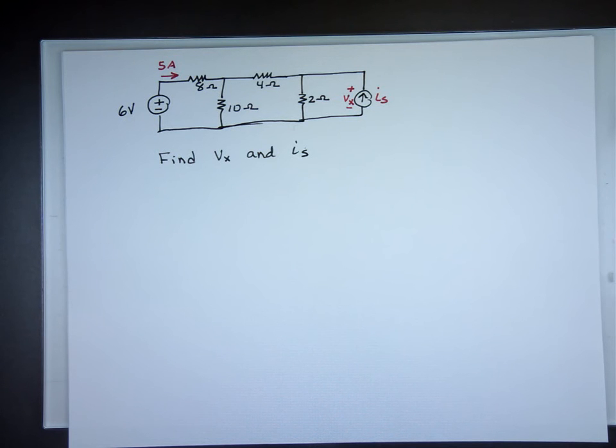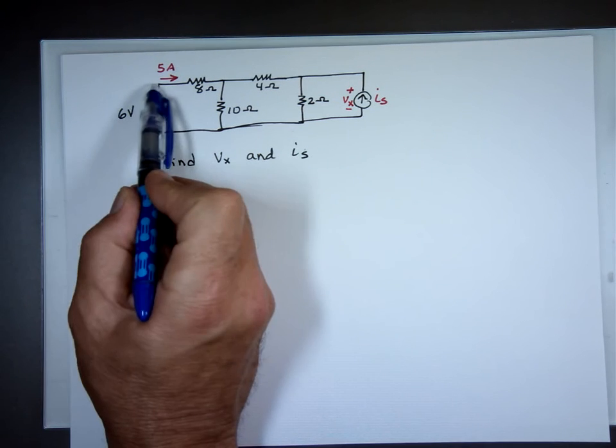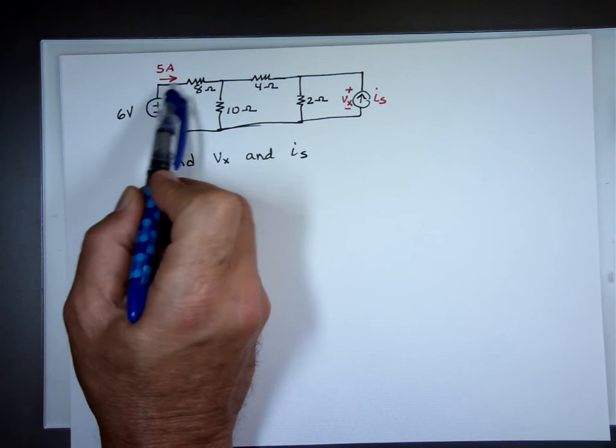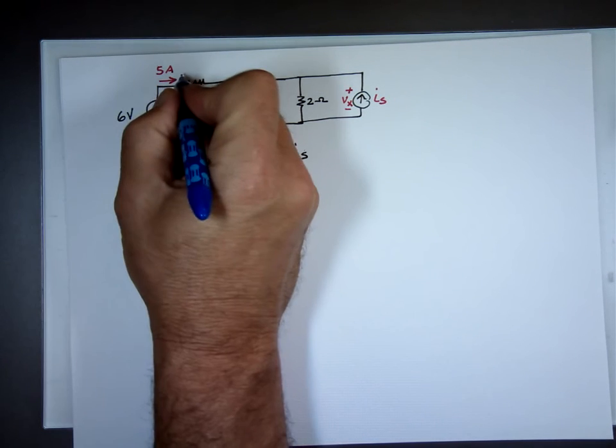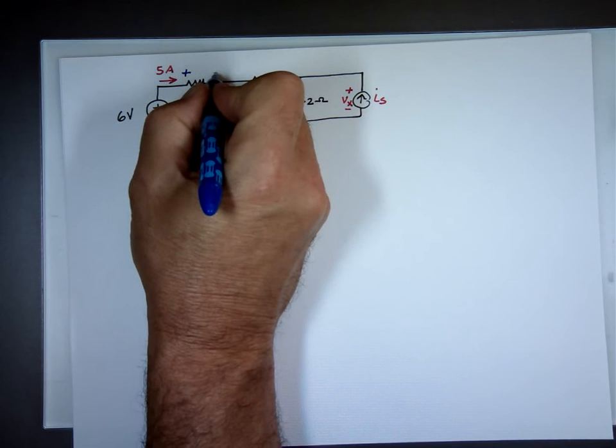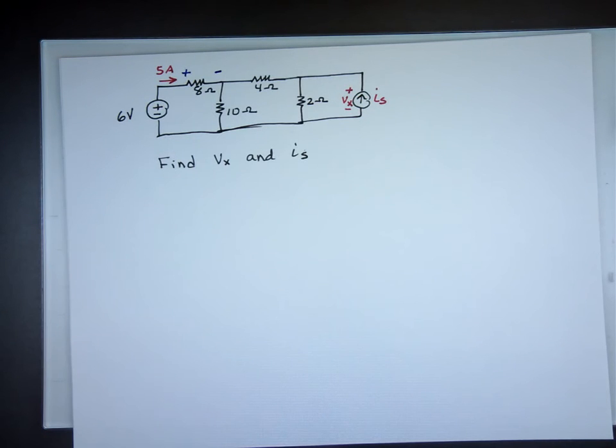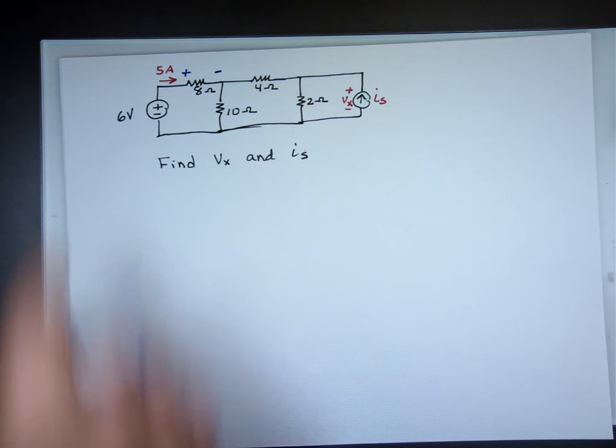If there's current going this way of 5 amps, what's going to happen to that 8 ohm resistor? It's going to mark a voltage here, plus to minus. And what's the value? Ohm's law says V equals I times R, right? 5 times 8, 40.